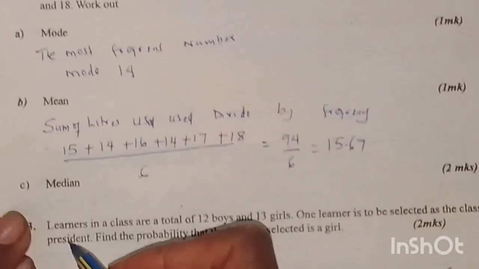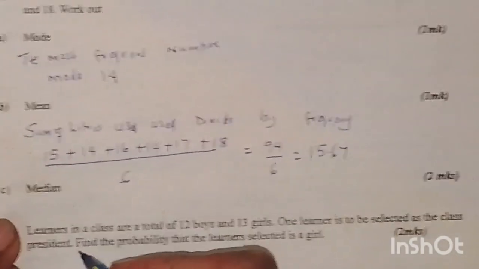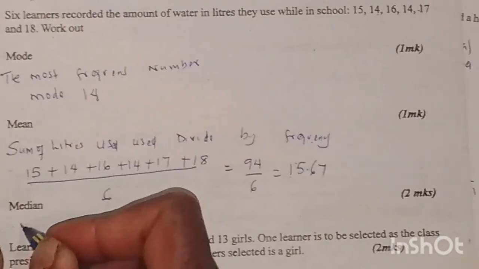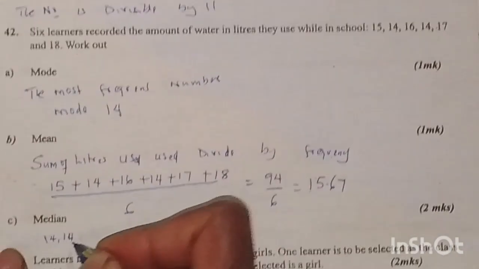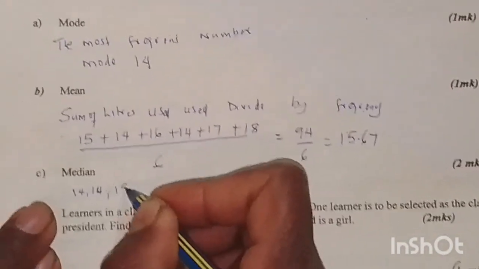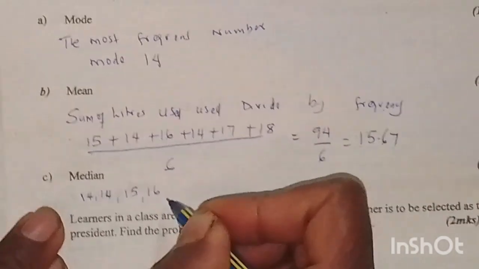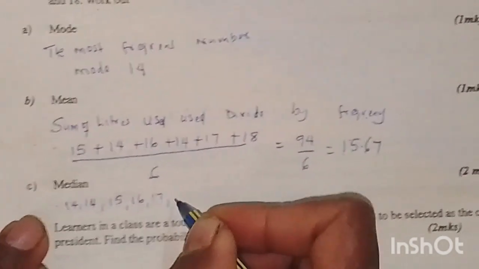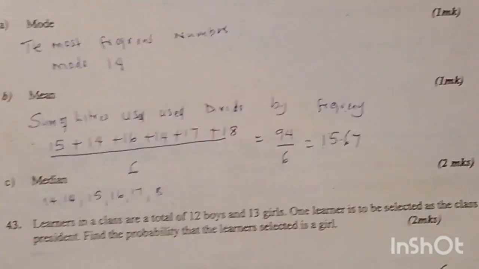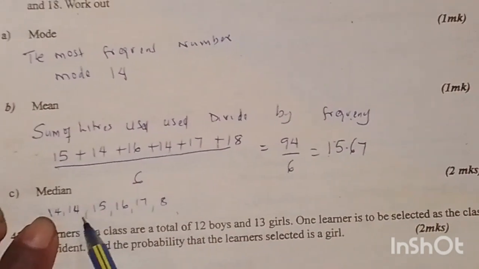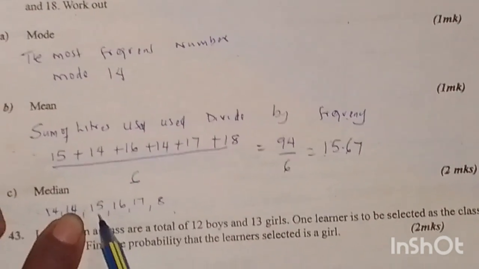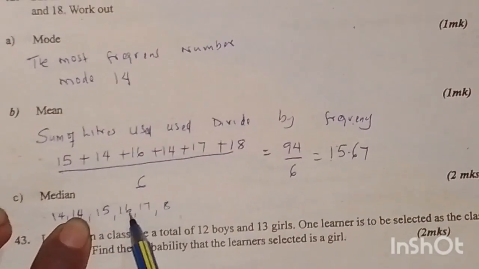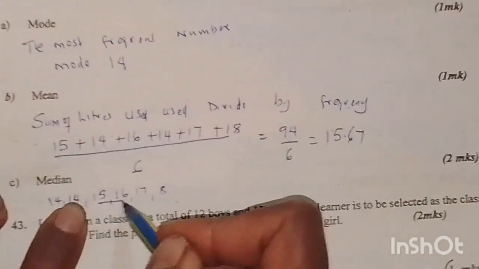To find the median, you arrange the numbers from the smallest to the largest. You have 14, 14 again, 15, 16, 17, and 18. The median is the middle term. That means the middle term is between 15 and 16.